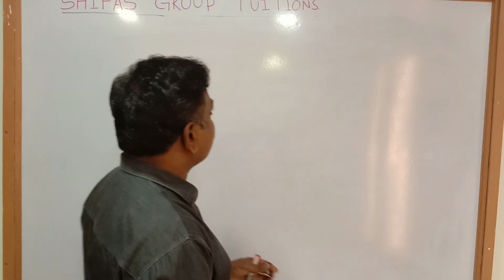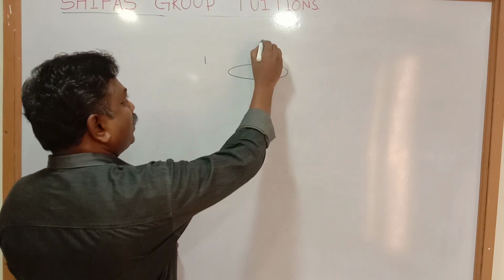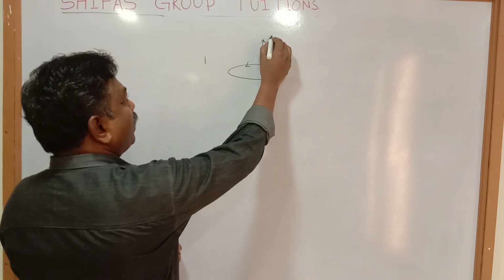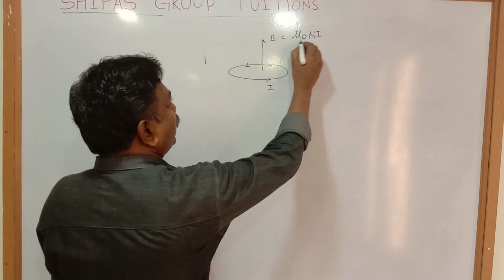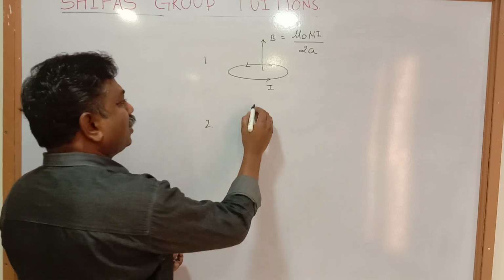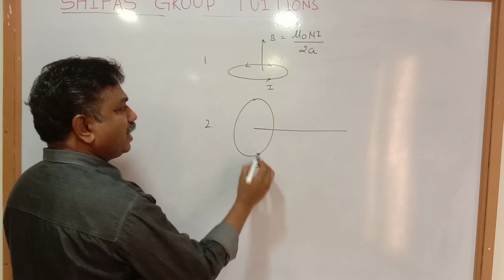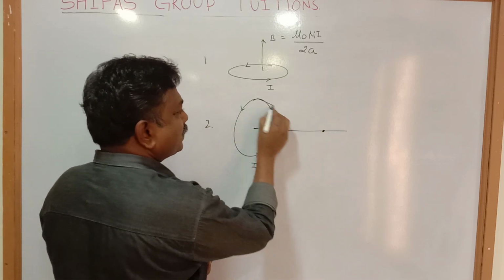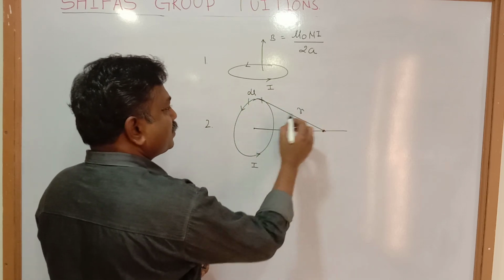First, when current I is passing through a wire or coil, the magnitude of the magnetic field can be written as mu naught Ni upon 2A. Second, we learned about the case when current is passing through a circular wire but the point is along the axis, at a distance r from the element dl.